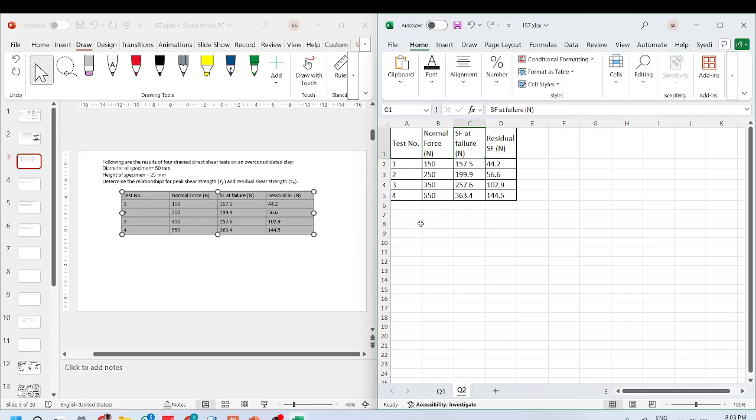We have been given the area. We have been given the diameter. Diameter is 0.05 meter.